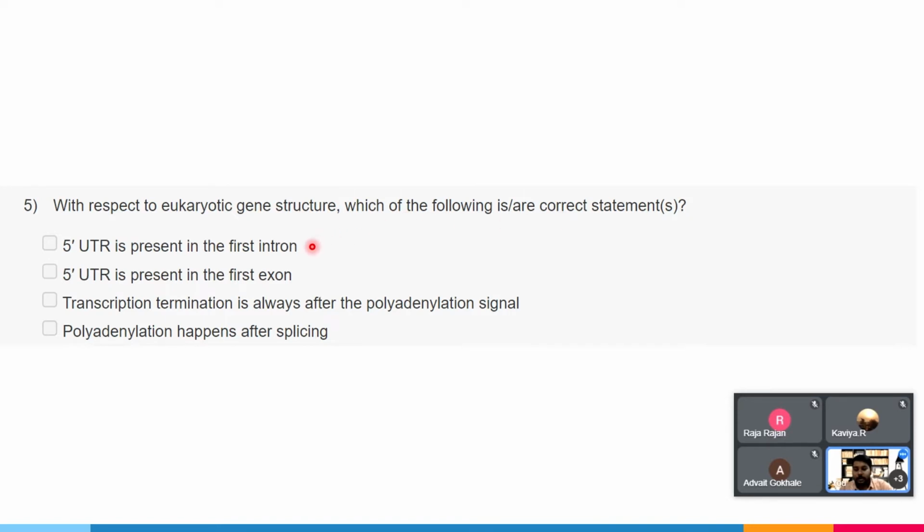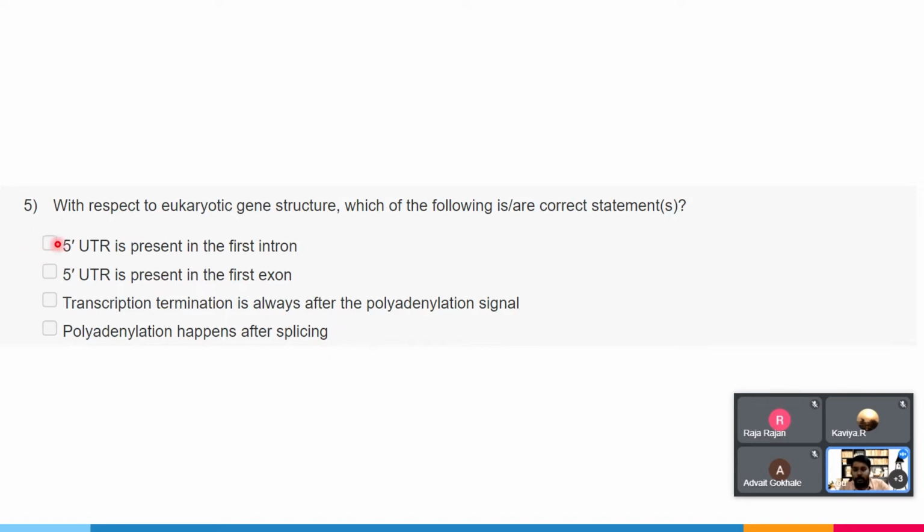The first is, the 5' UTR is present in the first intron. Second, the 5' UTR is present in the first exon. Third, transcriptional termination is always after the polyadenylation signal. And fourth, polyadenylation happens after splicing.